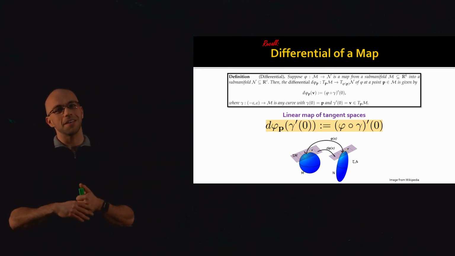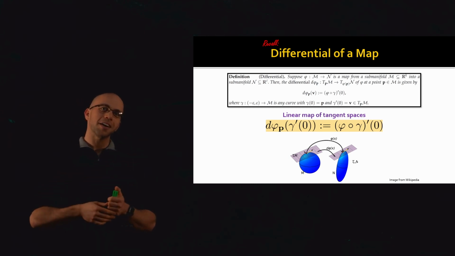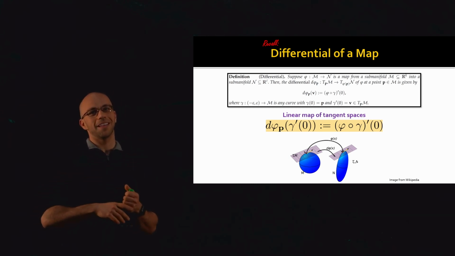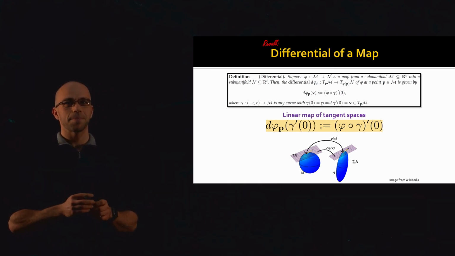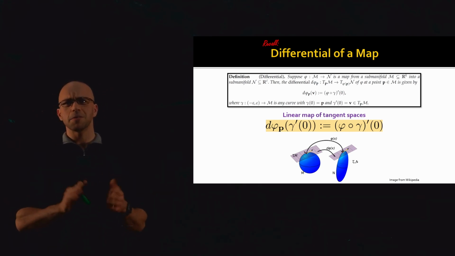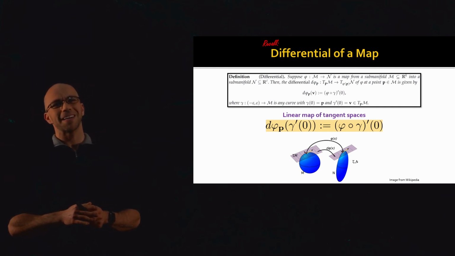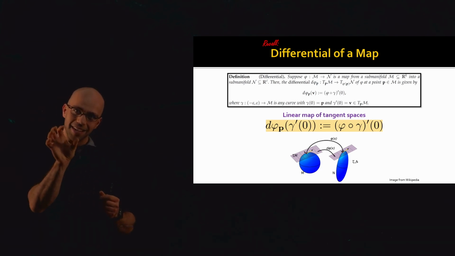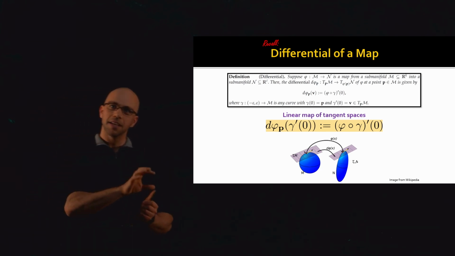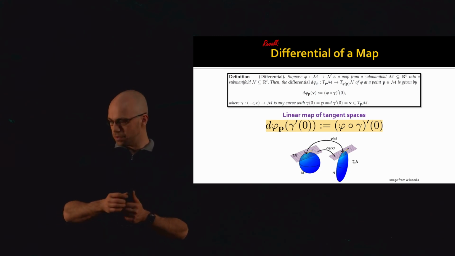So essentially what it does is for every tangent vector, it maps it to the directional derivative of phi in that tangent vector direction. That's what our definition of the differential of a map is. And in particular, we're just going to talk about differentials of functions which map into the real values. So nothing terribly complicated. This is like giving us the directional derivative at P in the gamma prime direction of our function phi.